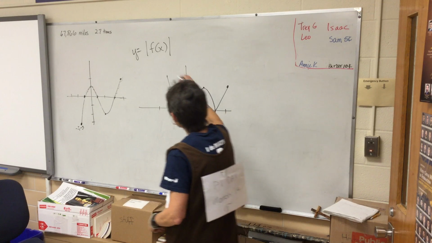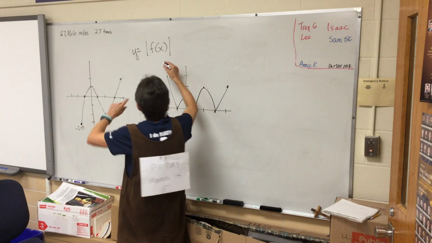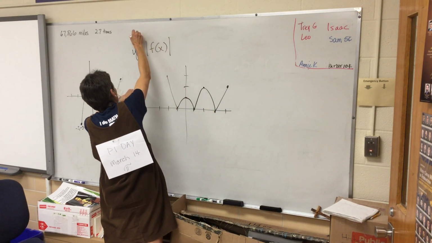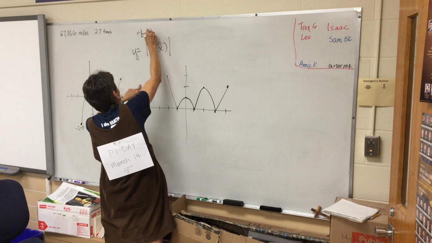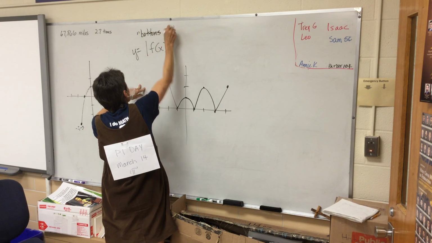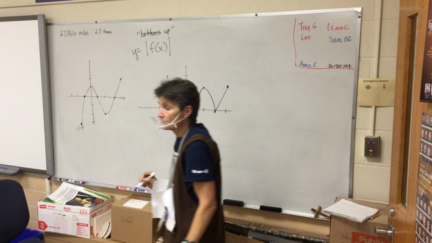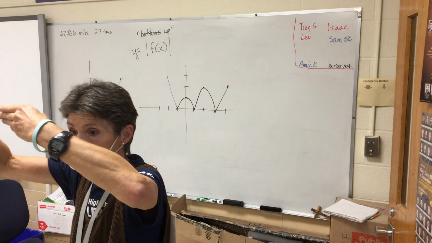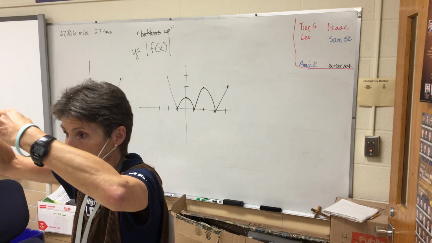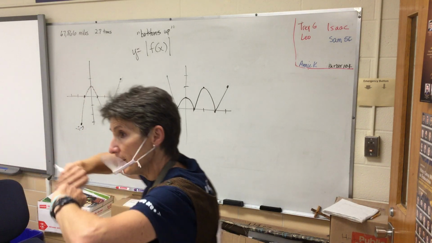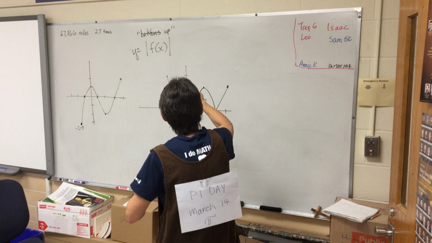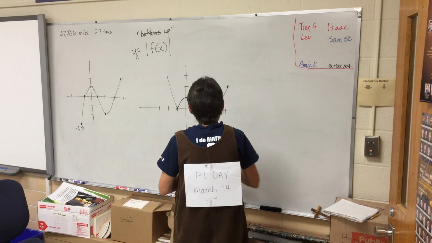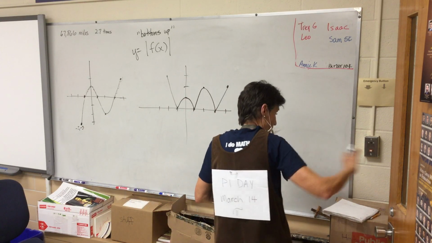It's sort of a weird math thing, but we sometimes call this the bottoms up function or transformation, because it takes everything on the bottom and flips it up. Okay? Now, that's different than this one.